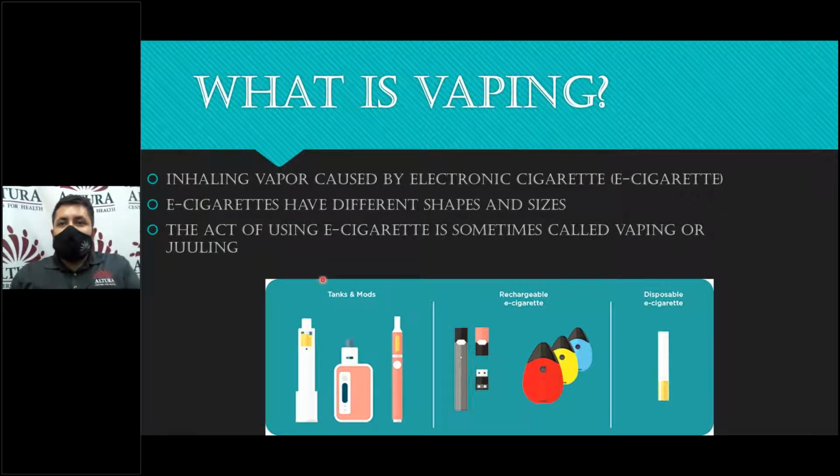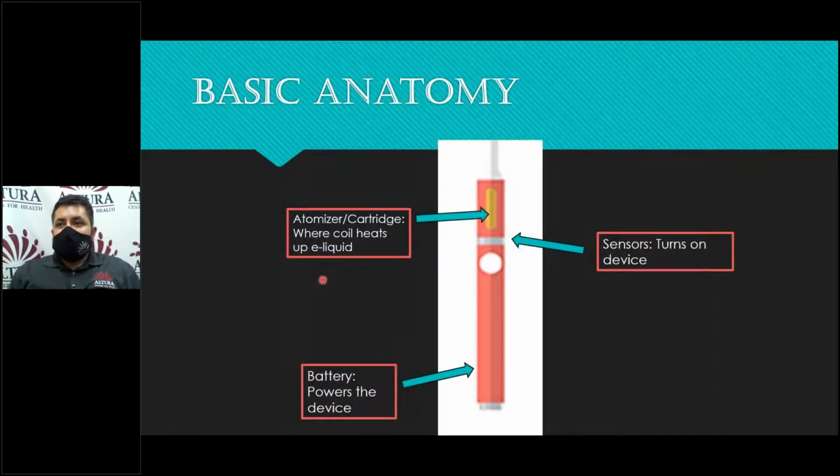Now we're just going to look at the anatomy of a vape pen, of an e-cigarette. This is just the basic anatomy, and I know I'm using this picture right here, but it could be applied to any other e-cigarette. These are the main components. The first one is called the atomizer.